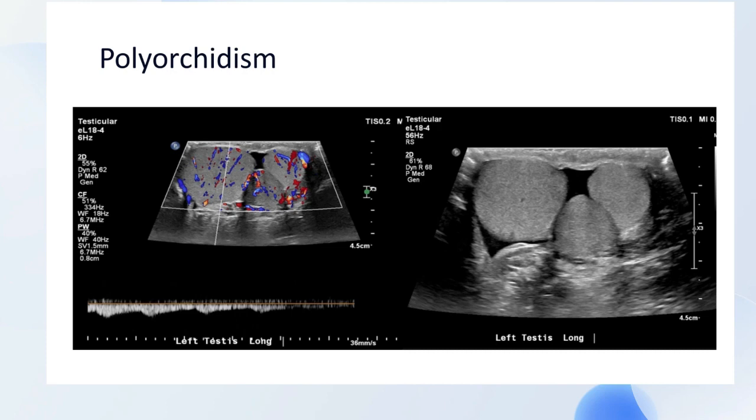You can confuse the extra testicles for masses, so check the echotexture. Mostly people present with these as incidental findings, without any symptoms or pain. So when you hold your probe, you might encounter more than two testicles, which is a normal variant.